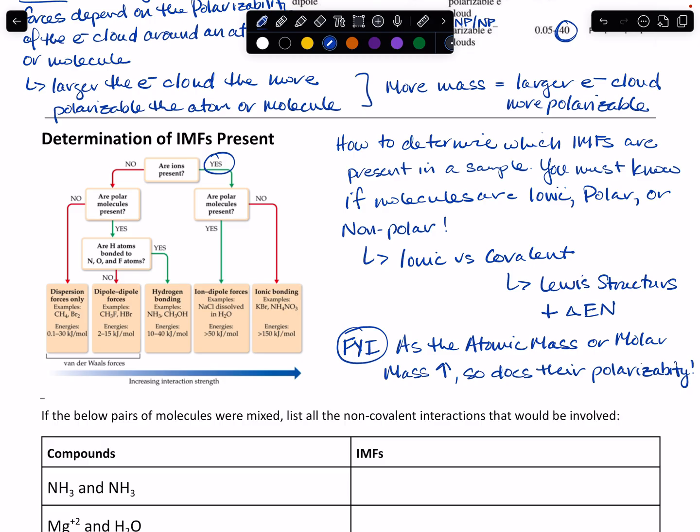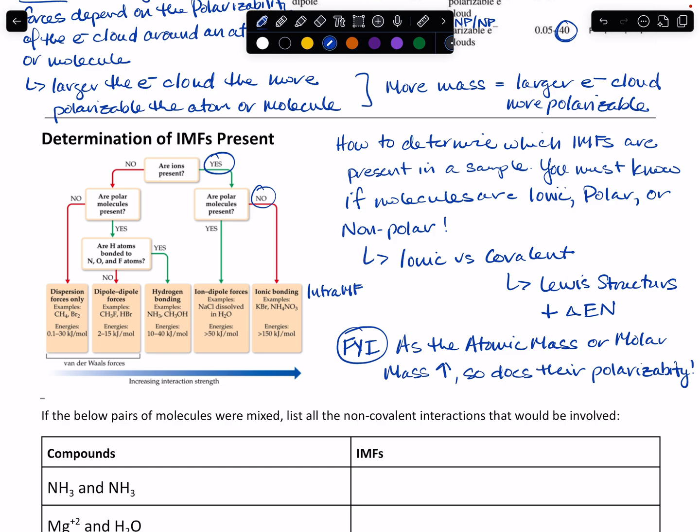If I have a mixture, then I have to ask myself, are polar molecules present in that mixture or not? If the answer is no, if it's just ions, then you just have ionic bonding. It's not really an intermolecular force, it's an intramolecular force, which is a very, very strong interaction.